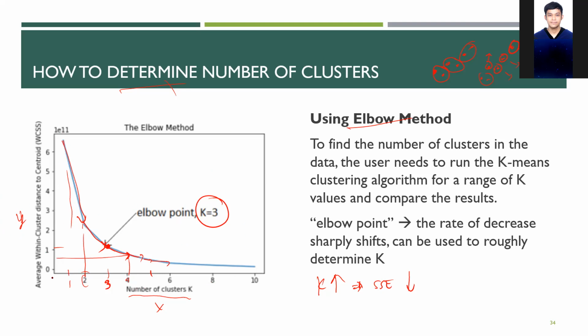We do k-means clustering several times, and then we choose the elbow point, and that is the correct number of clusters. In this picture, the elbow point is around 3 or 4 clusters.